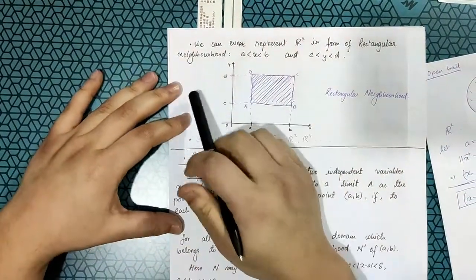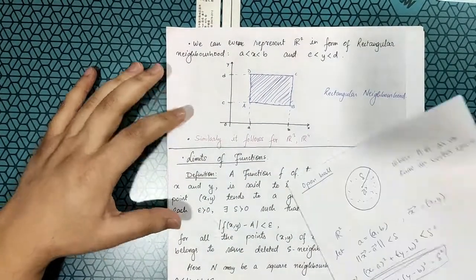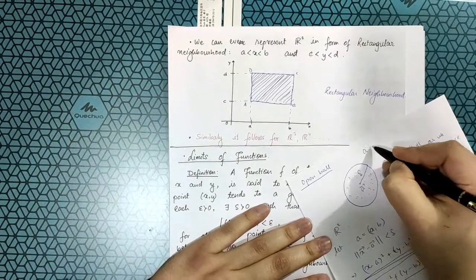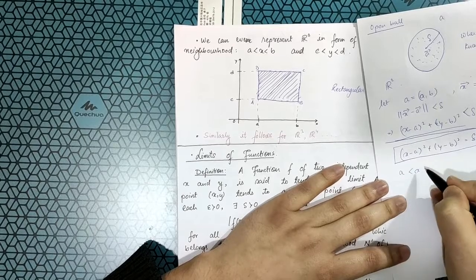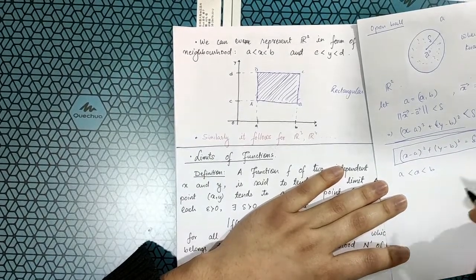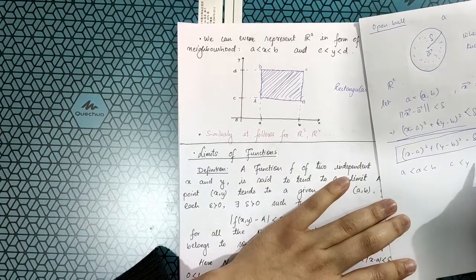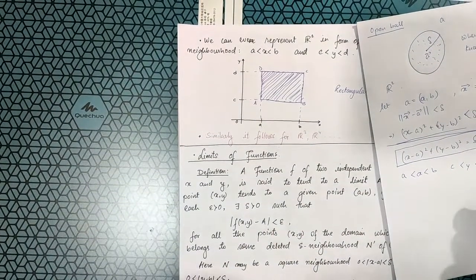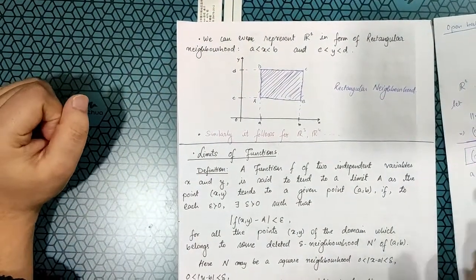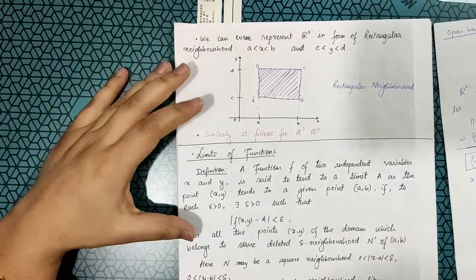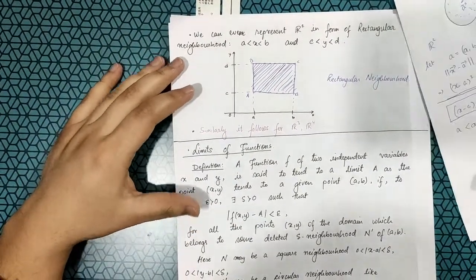Now we can even represent R2 in the form of rectangular neighborhood, where we take x in between a and b, any 2 points in the x-axis, and we take c and d, any 2 points in the y-axis. So this is known as rectangular neighborhood. Similarly we can have it for R3, R4 and others.